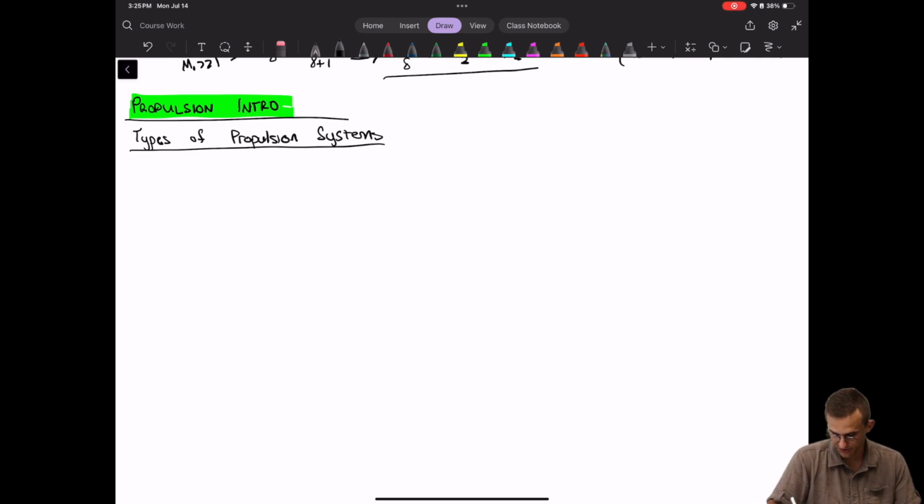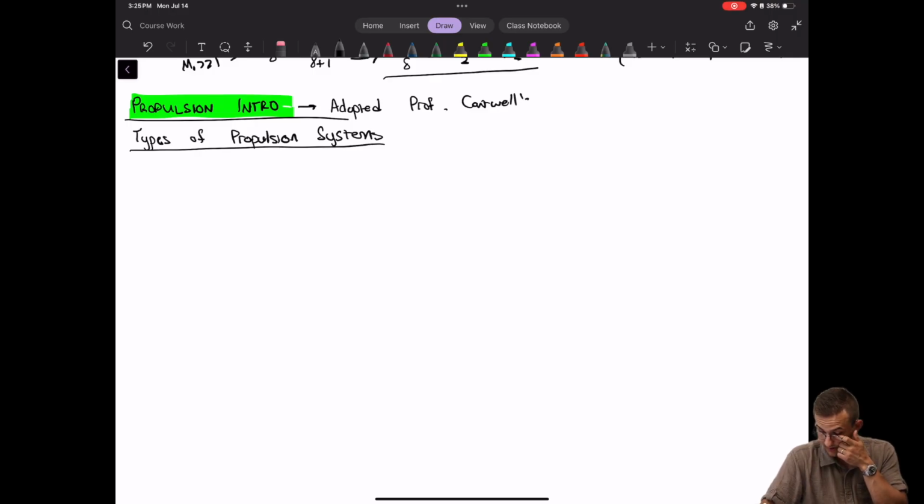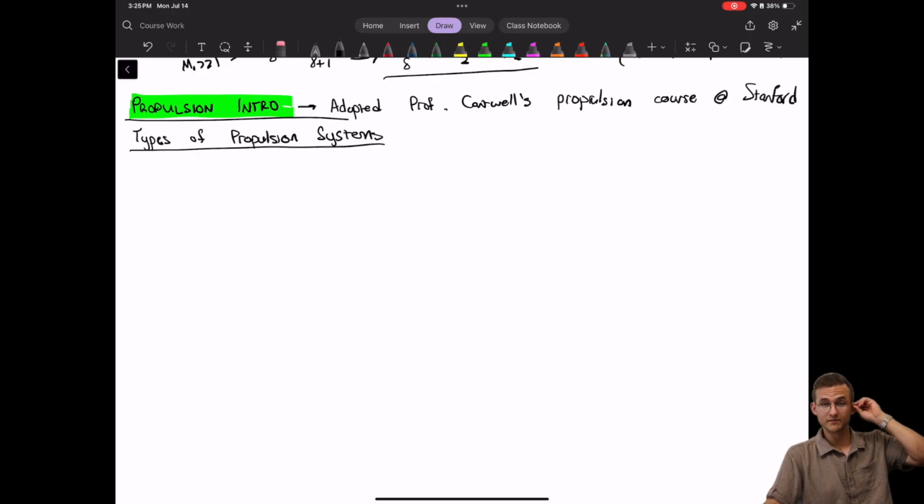This is actually adapted from Professor Cantwell's propulsion course at Stanford University. All of his materials for that course are open and free. So if you want to go and find the textbook for the course, I encourage you. I think it's just a course reader.